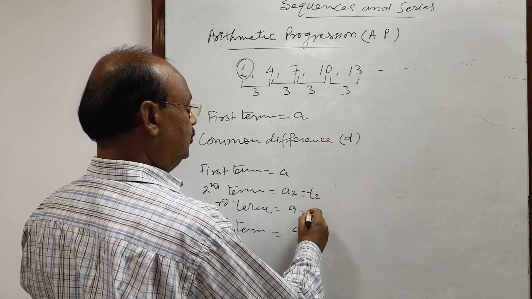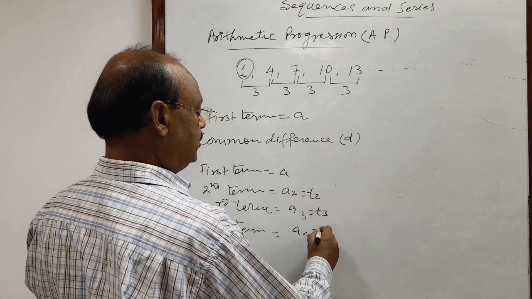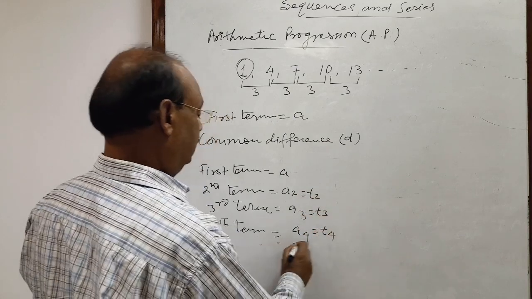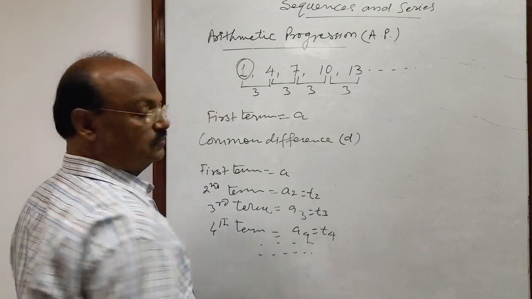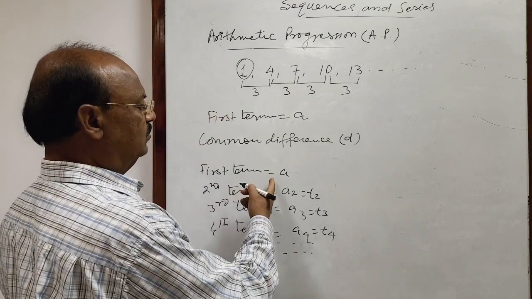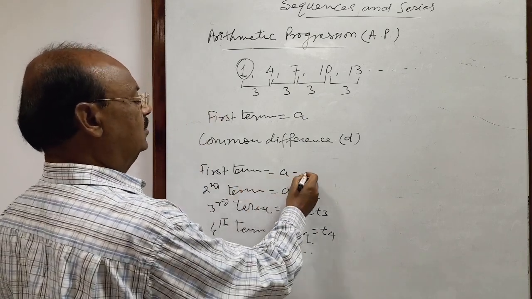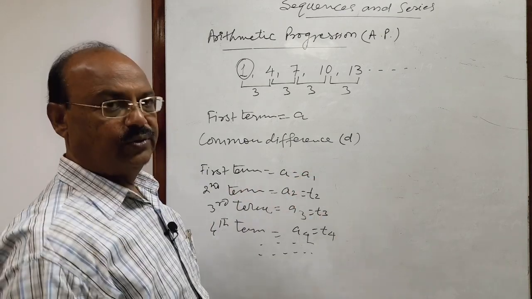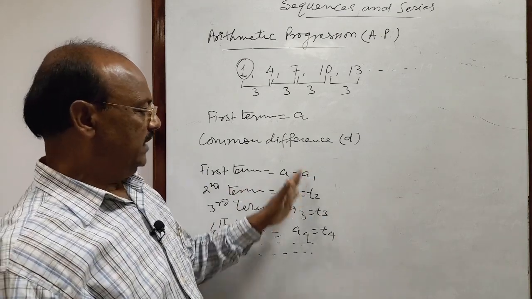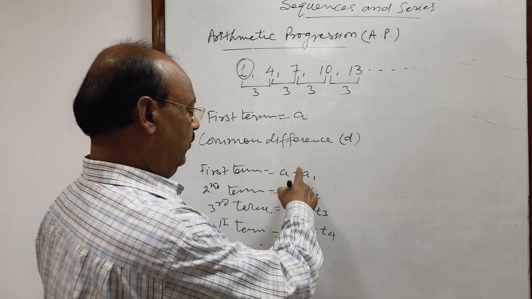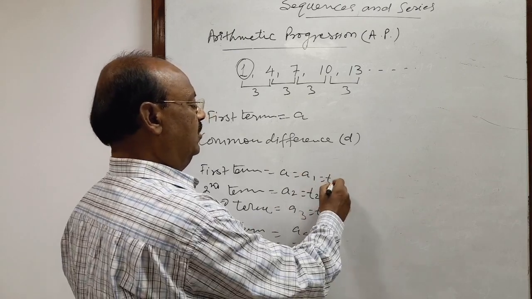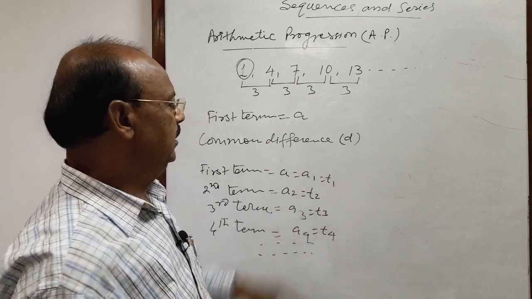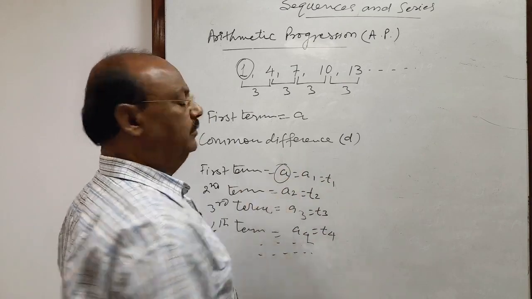So this is T2, this is T3, this is T4 and so on. So the first term is mostly a, or we can write a1 also, so that it follows a pattern of a1, a2, a3, a4 or T1 also. But mostly we denote the first term by a.